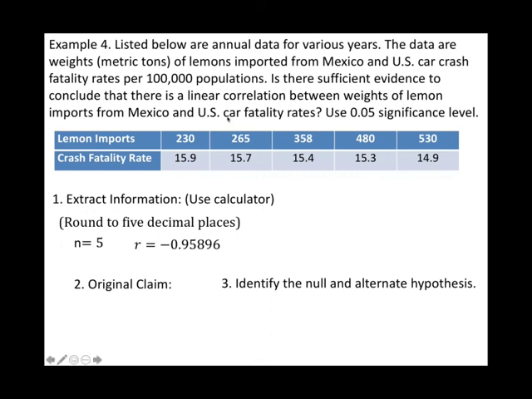Okay, original claim. So there is a linear correlation. We want to test the claim there is a linear correlation, so it means rho not equal to 0. Then your null and alternate hypothesis with two tails.